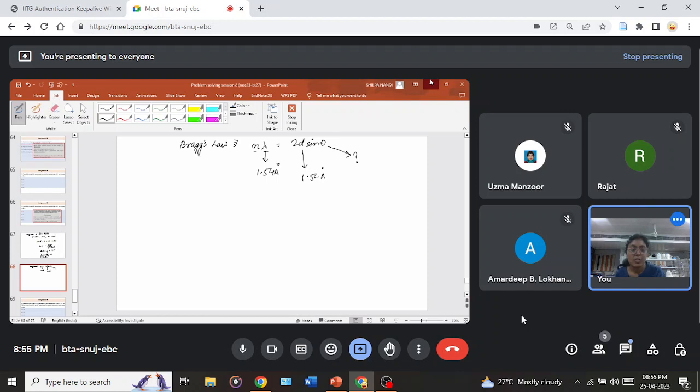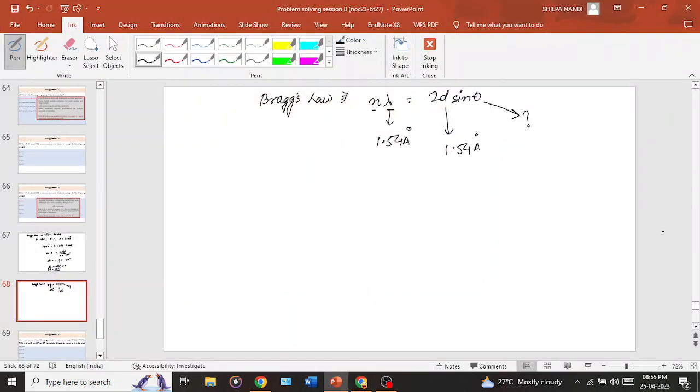Is it understandable till now? Yes. So you just have to place the values and solve it. So lambda is equal to 2d sine theta, with 1.54 for both. Now sine theta would be 1.54 divided by 2 into 1.54. So this will cancel out.